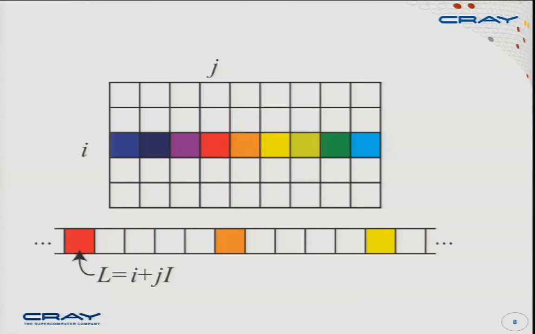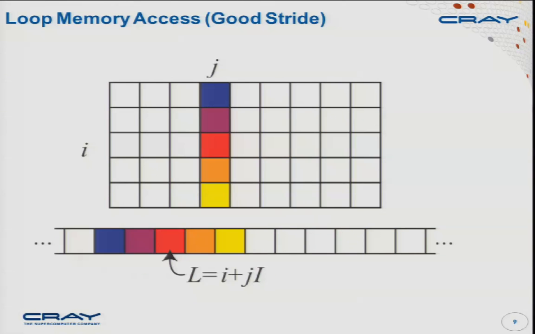At worst, the compiler's going to give up and say, no, I'm not going to vectorize this anymore because it's not efficient. It's far better to access memory where you're incrementing the fastest dimension one at a time for every iteration. Then, when I do a vector load of 4 elements, I get 4 elements right out of memory. It's a single instruction.